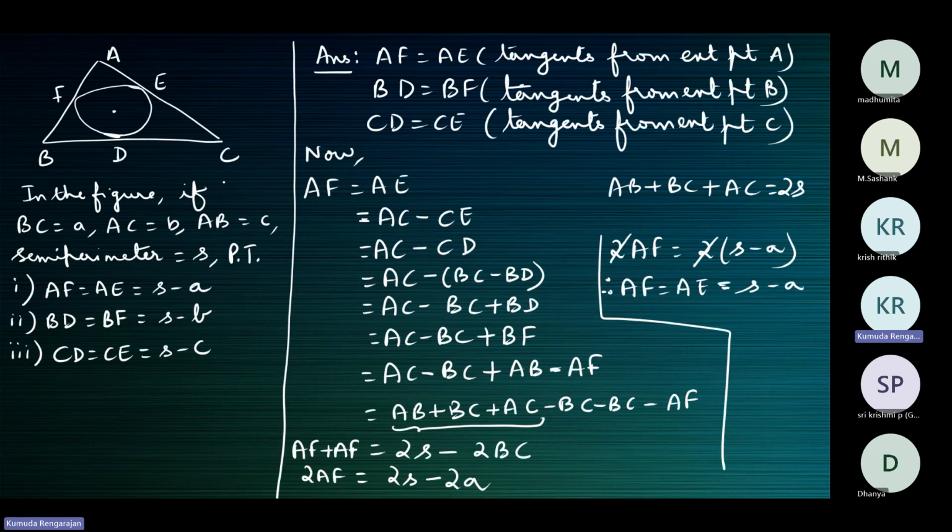Now BF is equal to, children, quickly. AB minus AF. Okay, AB minus AF. Now let AB remain. AB is the side of the triangle. Let that be because we want to replace AB plus BC plus AC with 2S.